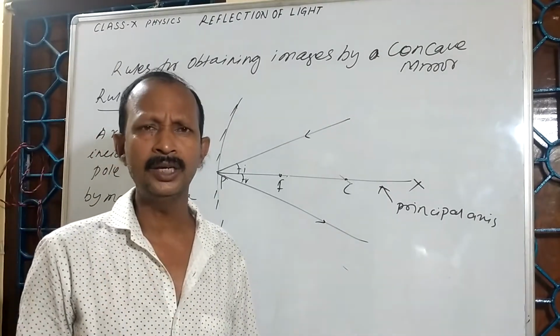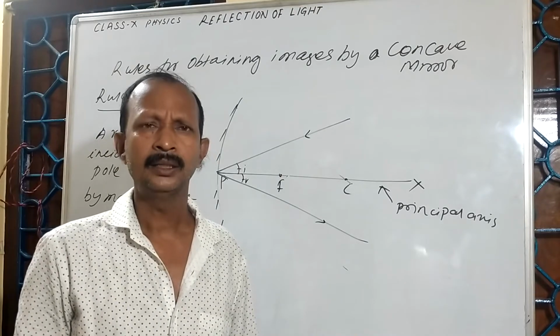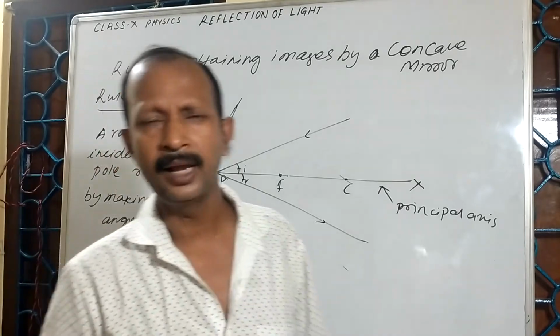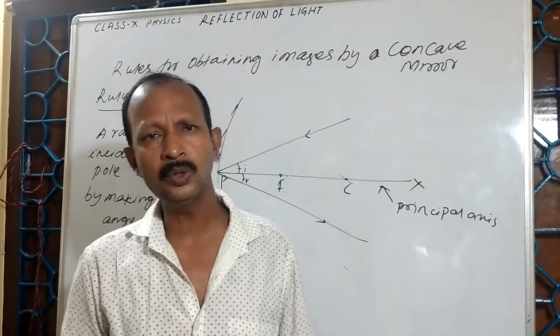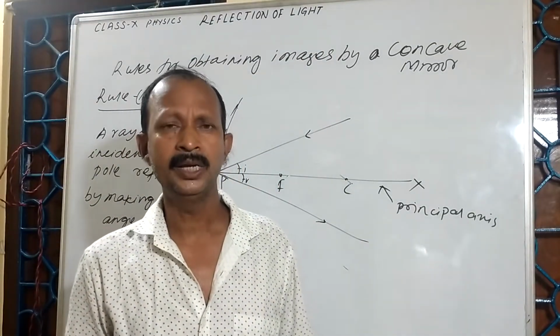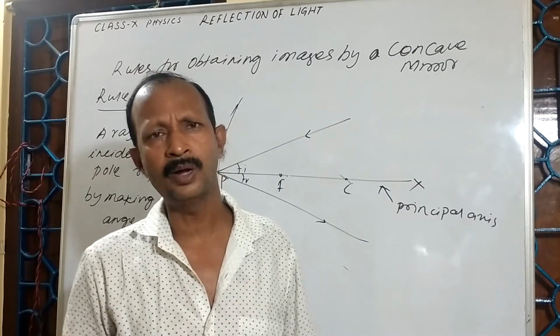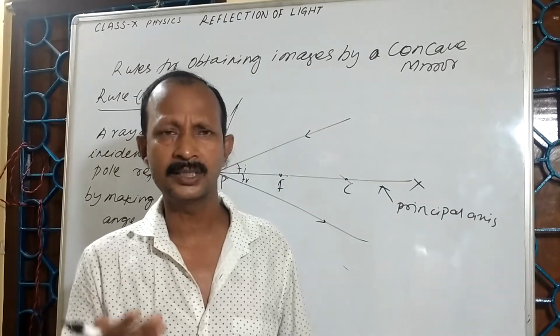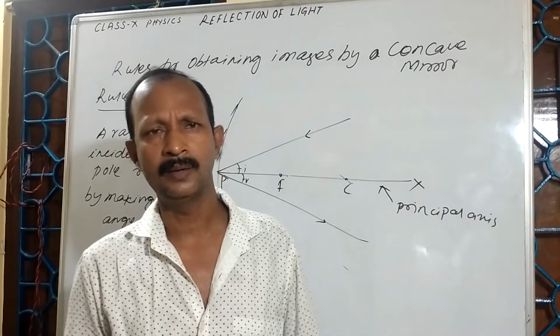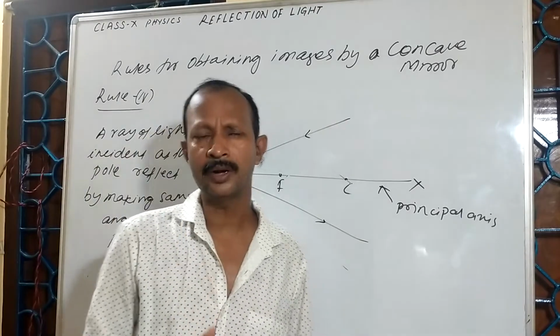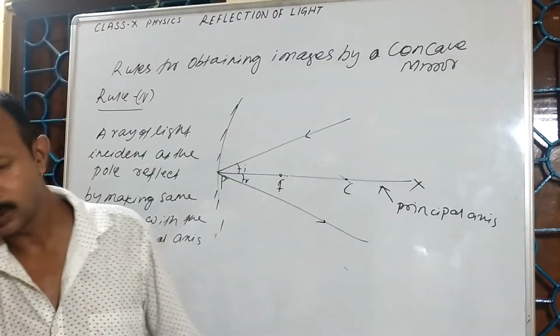The common thing you already know is that it follows the laws of reflection. That means the angle of incidence is equal to the angle of reflection. In any case if forgotten, we can apply our common rule, angle of incidence is equal to angle of reflection. But if you know these rules, definitely it will help to draw the ray diagram more easily.